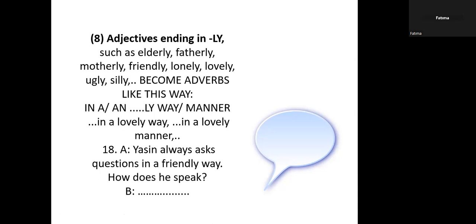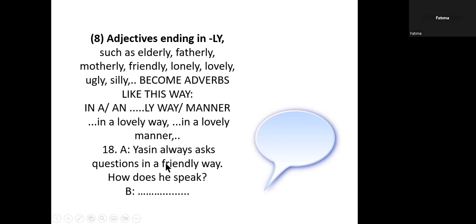Okay, so Ayşe speaks in a lovely manner, in a lovely way. Okay, this is the adverb form of these adjectives. It is really important. Yes. For example, Yasin always asks questions in a friendly way. Adverb.